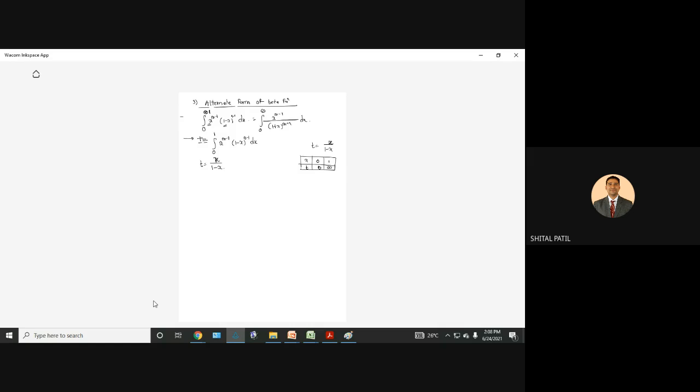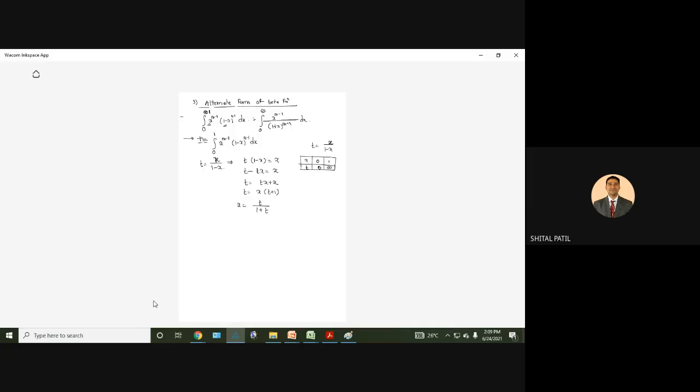If I simplify this, cross multiplying like this, this is the x.